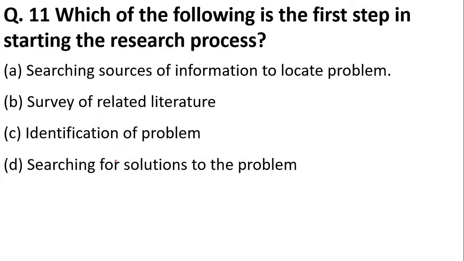Next, which of the following is the first step in starting the research process? Searching sources of information to locate the problem, survey of related literature, identification of problem, or searching for a solution to the problem.